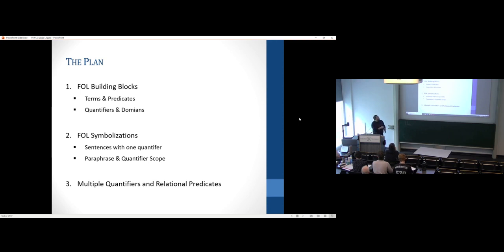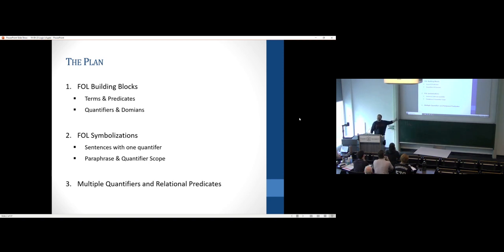And then once we have all of those, I want to talk you through some initial FOL symbolizations, so kind of mapping from English into first order logic. You know, the stuff that we did a couple weeks ago going from English into TFL. And it'll be the same idea here. And I'm going to teach you 4 really broad, extremely useful first order logic symbolizations.